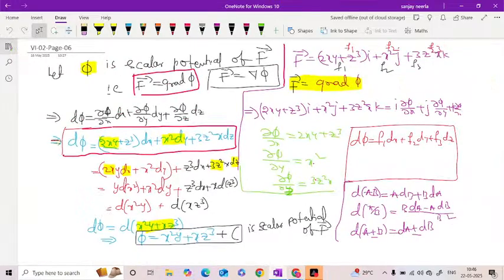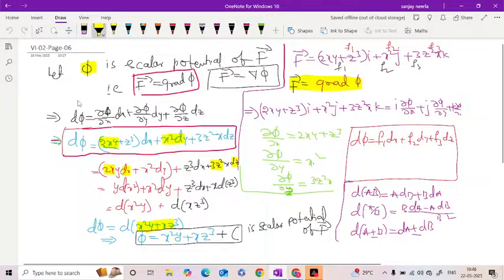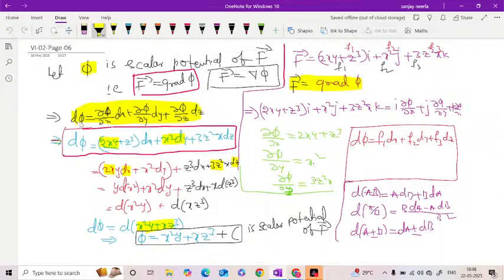Already it is an irrotational vector, so definitely according to this statement, dπ is equal to ∂π/∂x dx plus ∂π/∂y dy plus ∂π/∂z dz. So ∂π/∂x we can easily find from the given vector, and ∂π/∂y also we can easily find from the vector, and ∂π/∂z also we will find from the vector. Substitute.